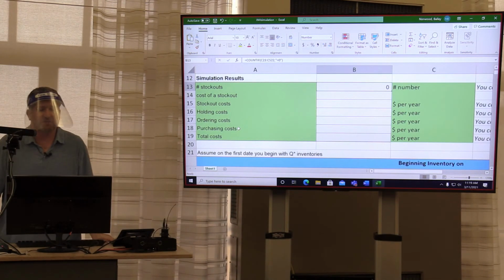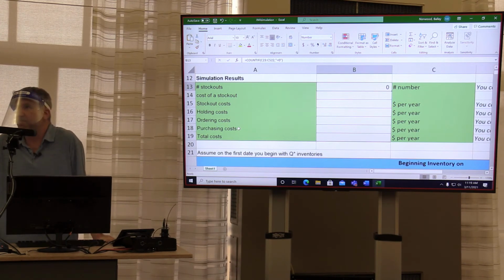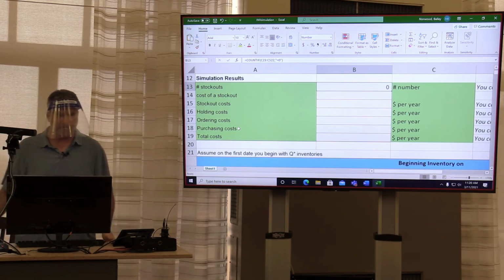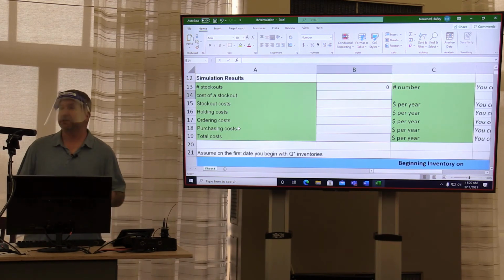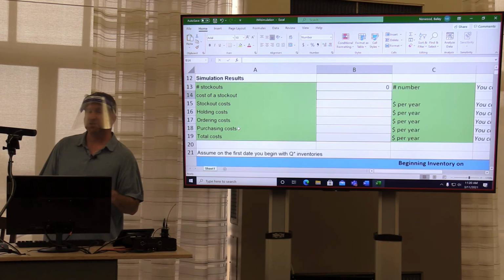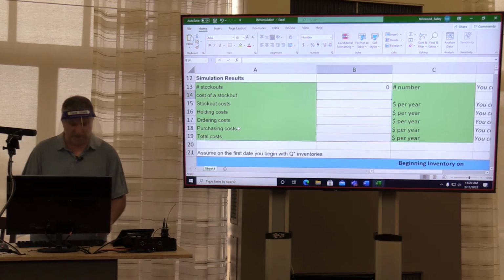So following that rule, we didn't have any stockouts. Every customer who wanted to buy a unit was able to buy one. If we're talking about chicle base, anytime we needed chicle base, it was there. But we may want to play with some different rules and see what would happen. So we need to say, what would the cost of a stockout be? And let's say, I'm going to say it's 10,000.